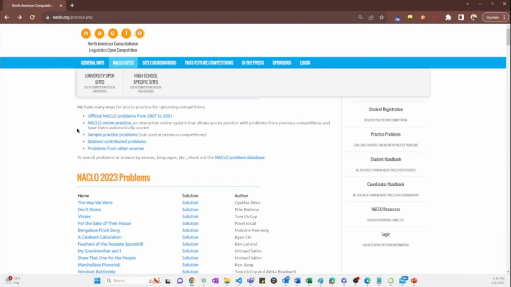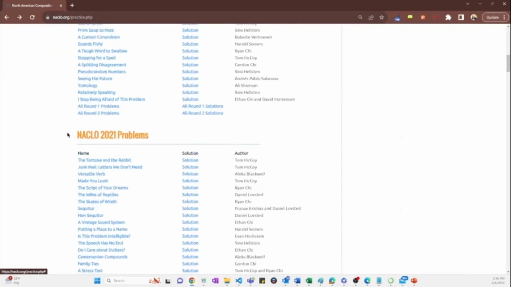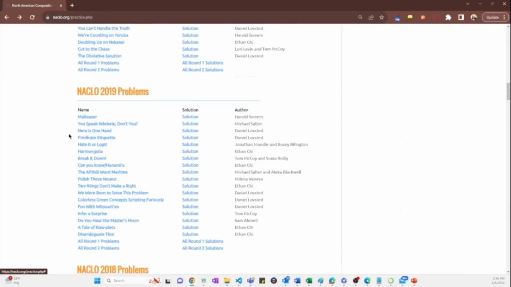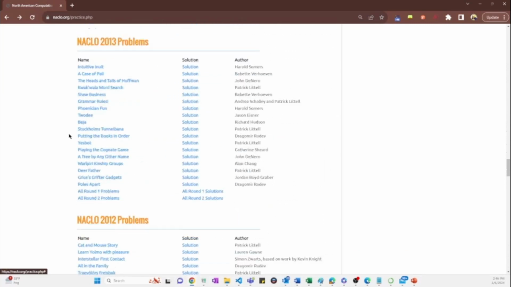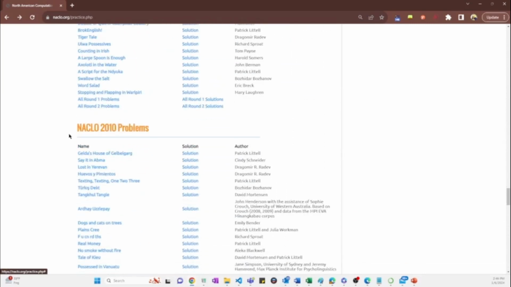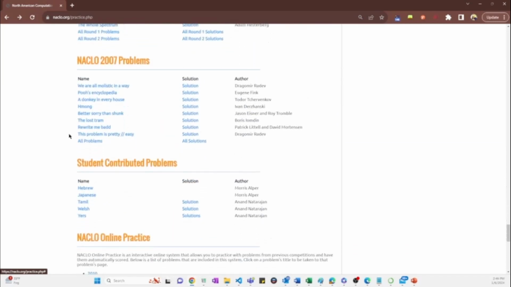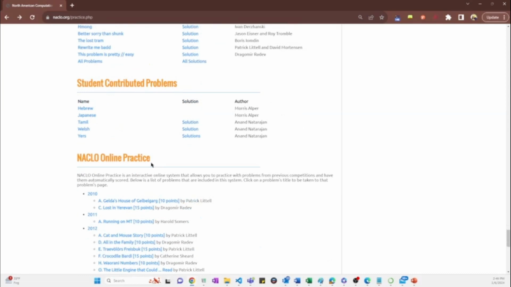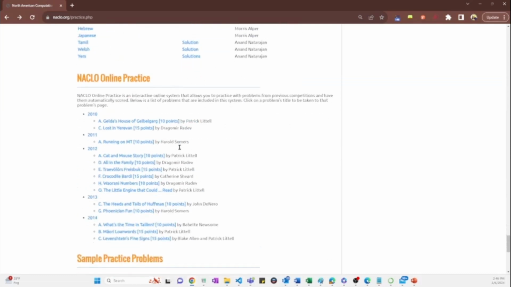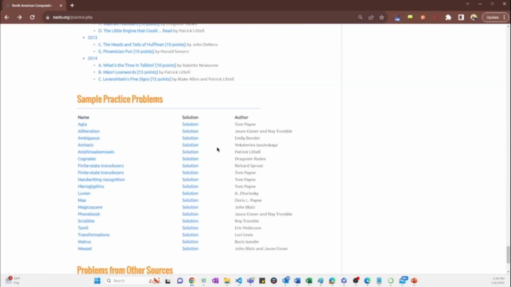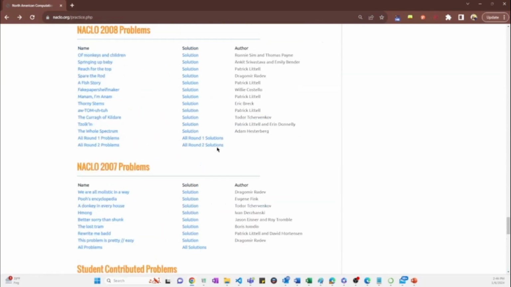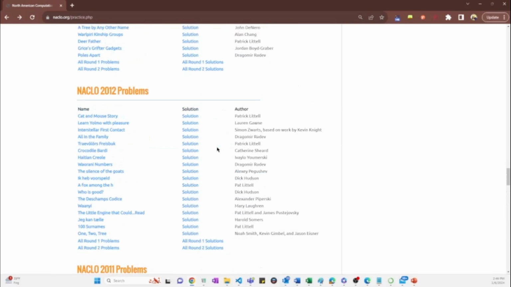I'm just pulling out practice problems from there, and it goes all the way back to, I believe, 2007. But 2008 is just what I had downloaded, so we're starting from there. There's also student contributed problems, online practice, all kinds of resources over here. So I highly recommend using this website if you're going to be studying.